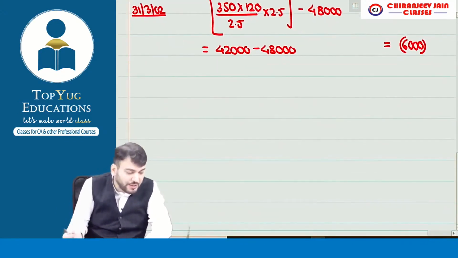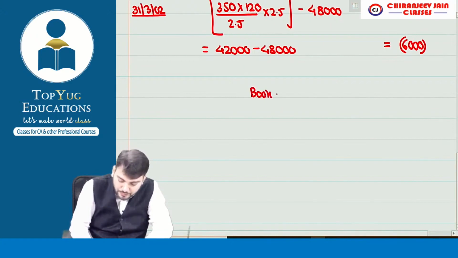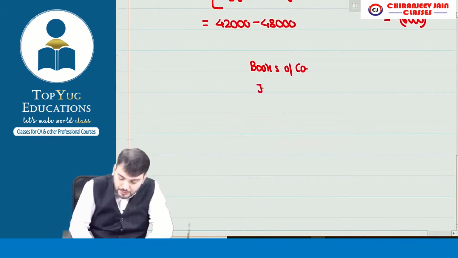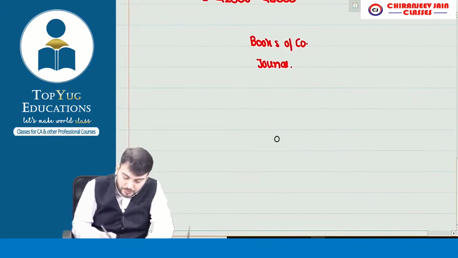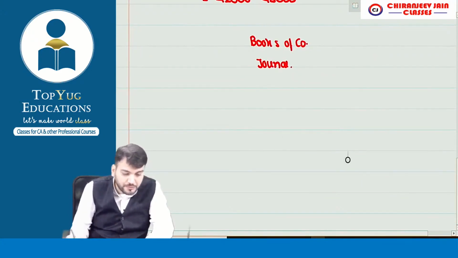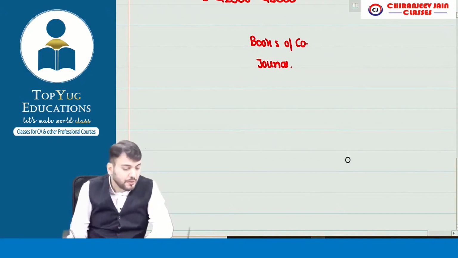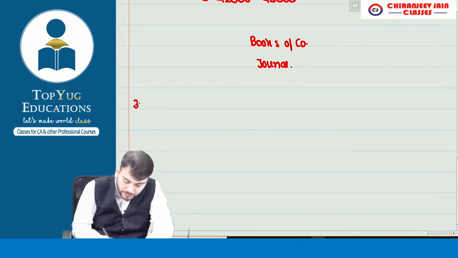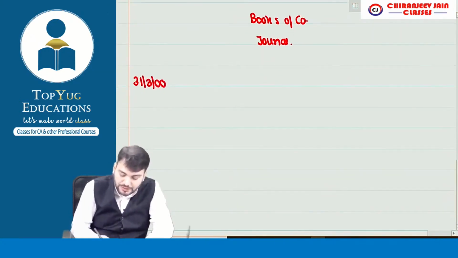Then we'll pass the journal entry. Write down books of company, journal. So the first journal entry will be done for 1999-2000. Write down 31st March 2000. What is the journal entry?